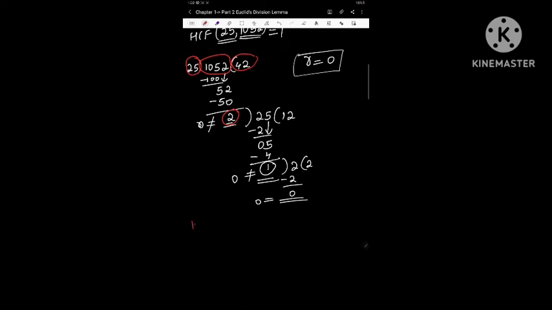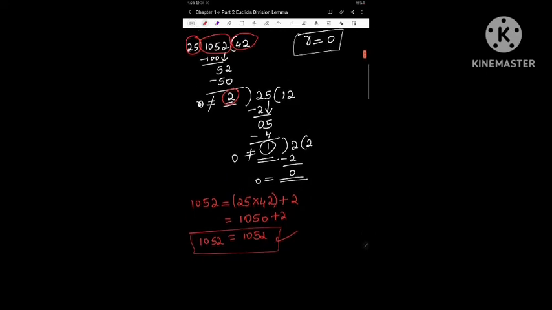Let's try that. Is 1052 equals 25 into 42 plus 2? Is this true? Let's check. 25 into 42 will be 1050, and plus 2, this equals 1052, and this is true.